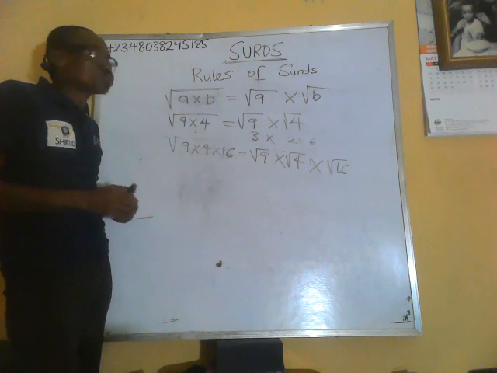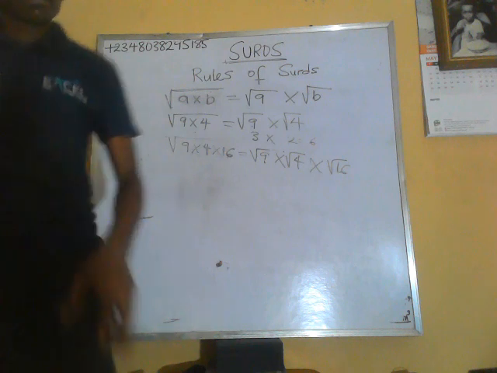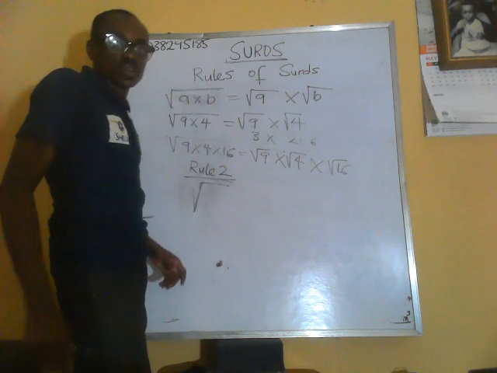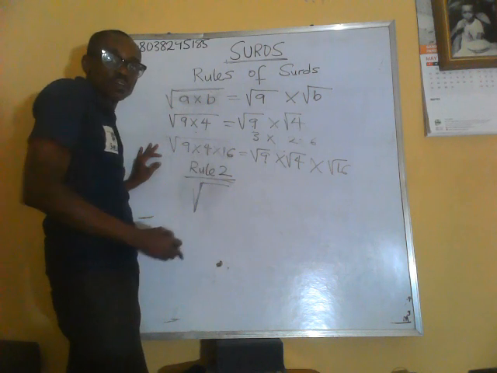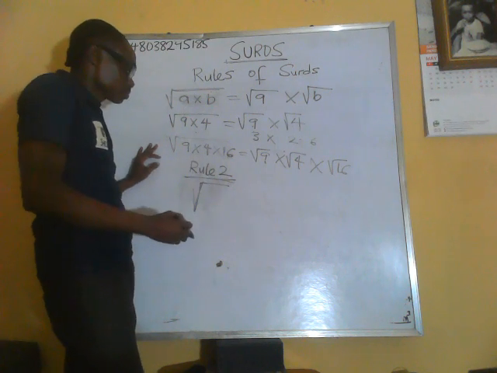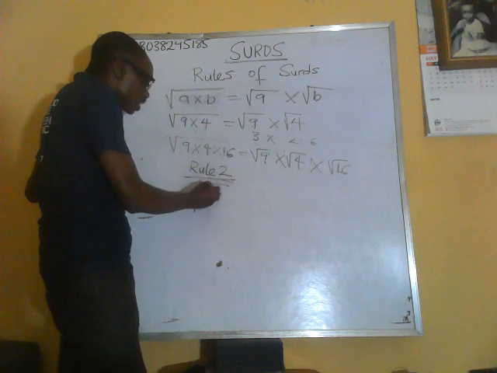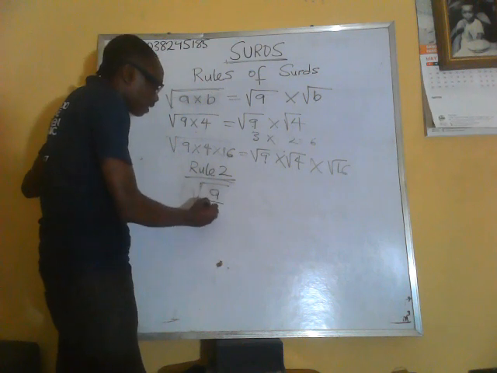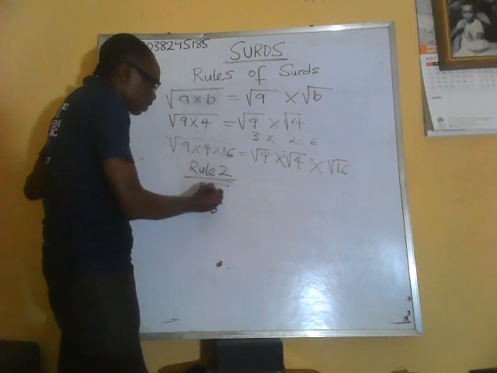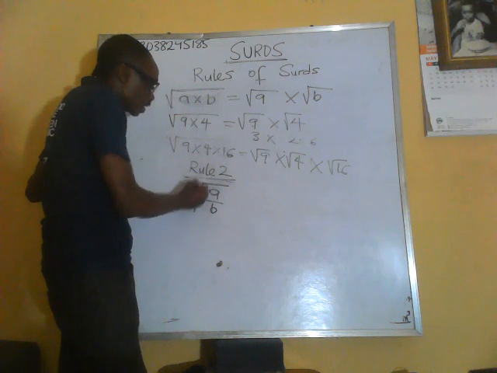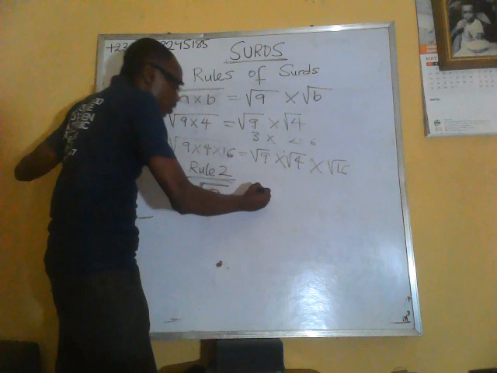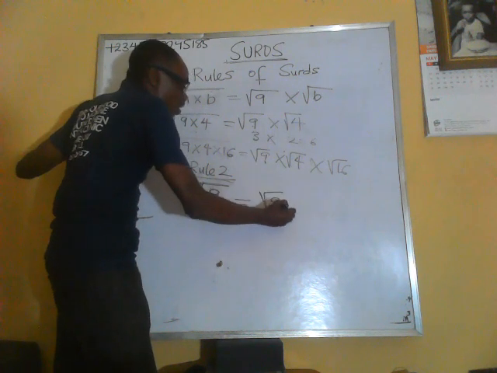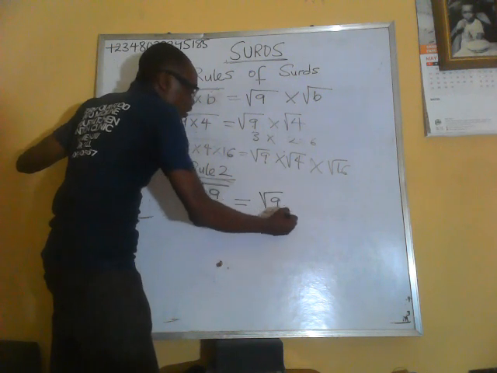So we're going to go to rule 2. Rule 2 states that if you have root of a over b, this can be separated into root a all over root b.